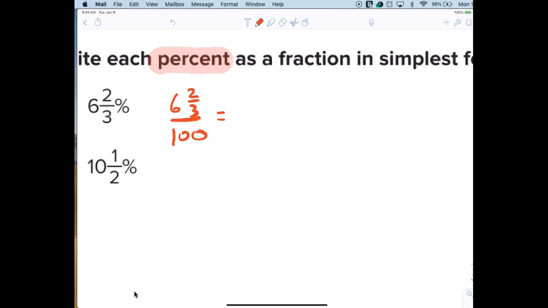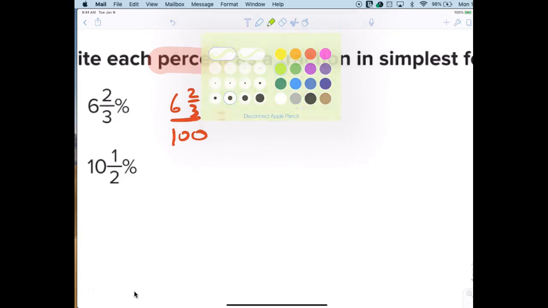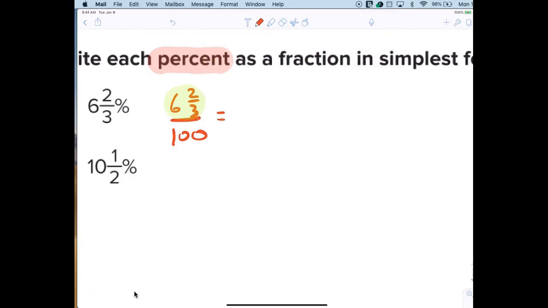Well, first you have to put the mixed number into an improper fraction. Thank you, Xavier. Which would end up being 20 over 3, times 1 over 100.